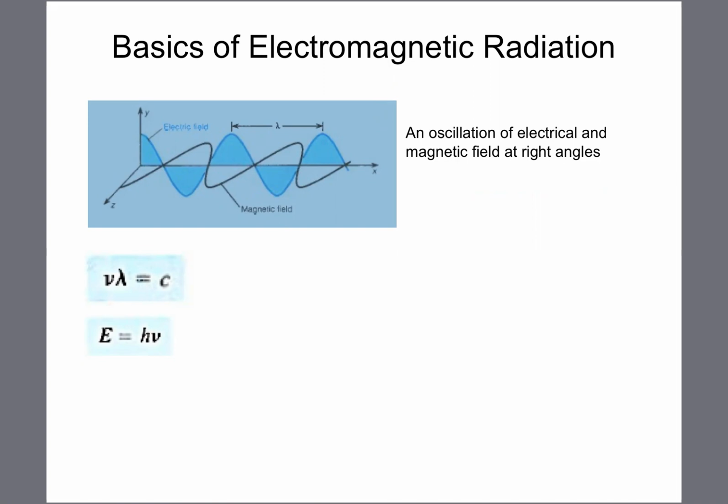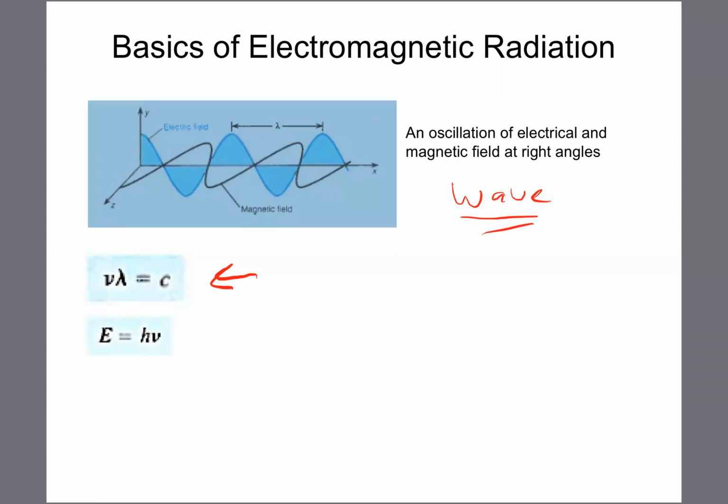Because we treat electromagnetic radiation as having certain wave-like properties, we can use this equation, which I think you've all seen before: c = λν.